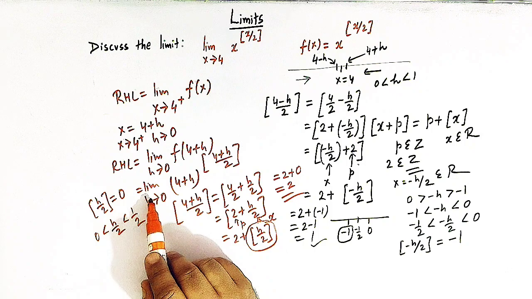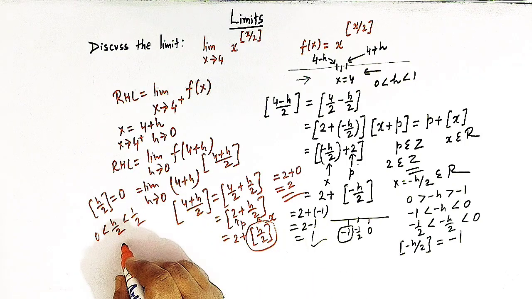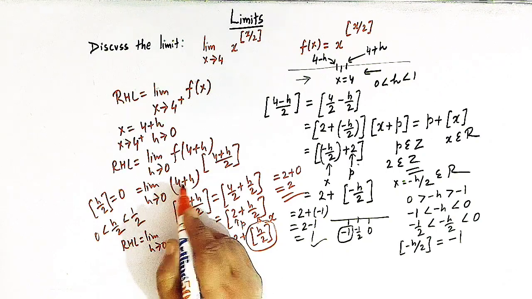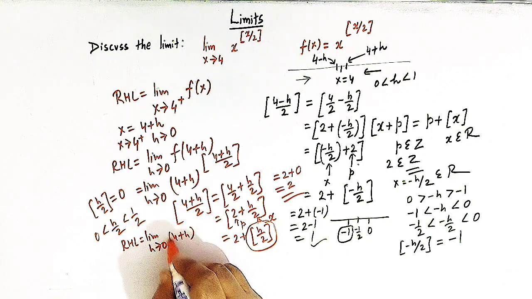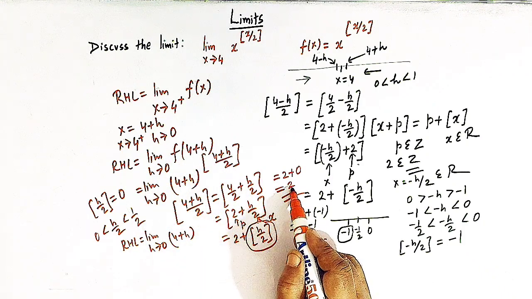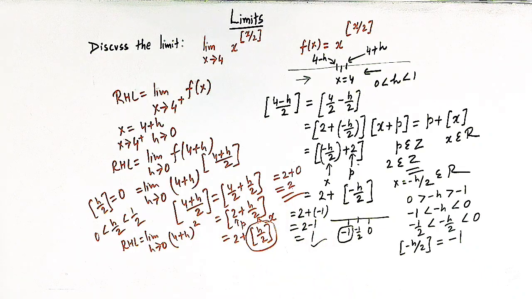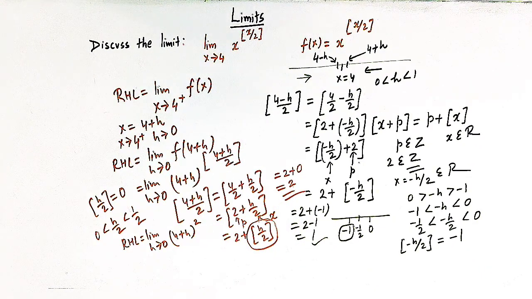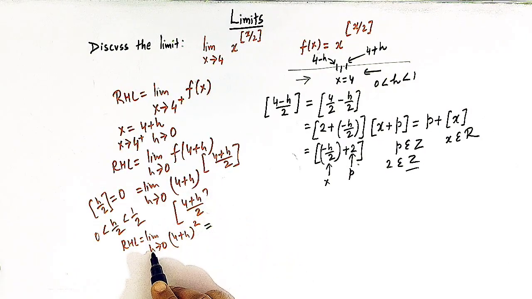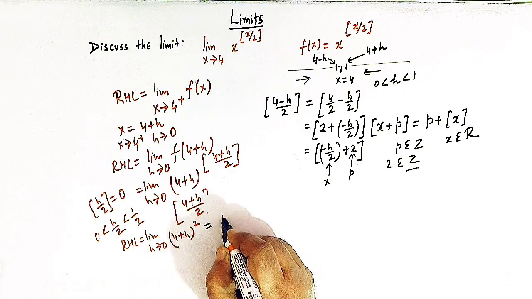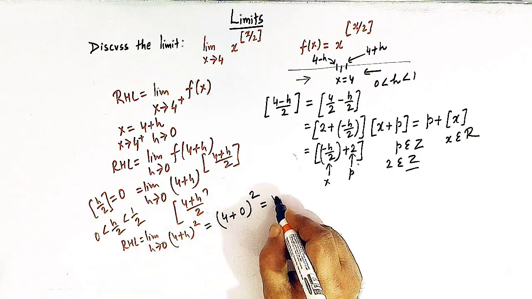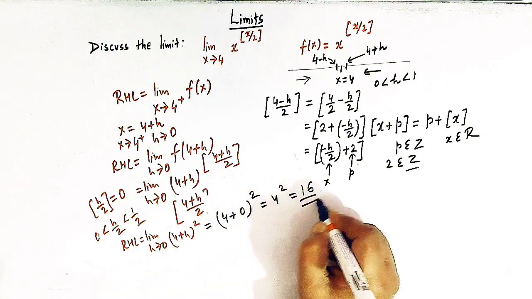So now this limit can be written as limit h tends to 0, and here we have 4 plus h raised to greatest integer of 4 plus h over 2, which is equal to 2. So here we have simply 2. So now we can take here h equal to 0. So we have 4 plus 0 raised to 2. So this is 4 square, that is 16, right?